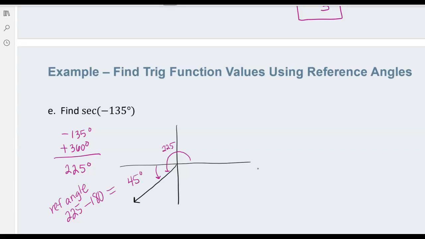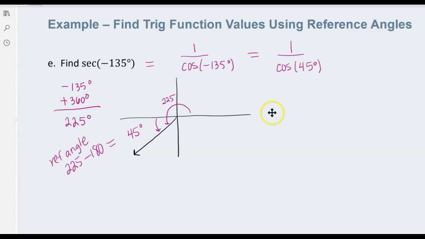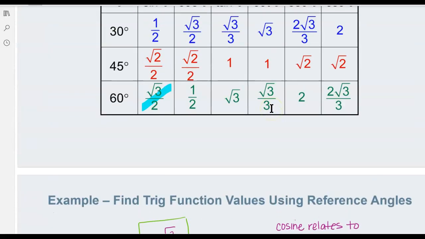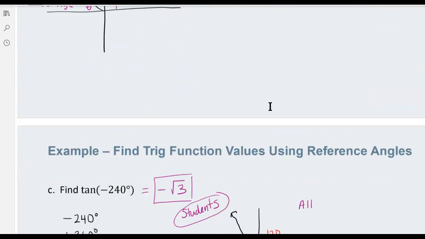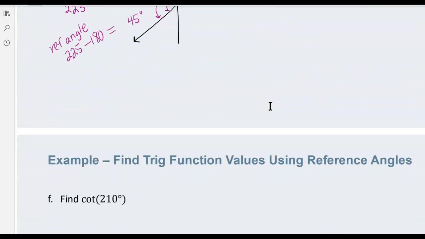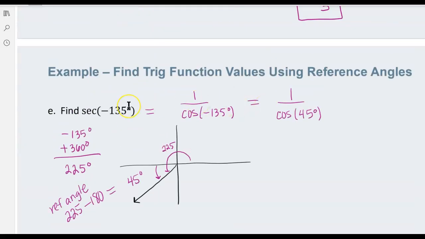Now remember, secant is the reciprocal of cosine, 1 over the cosine of negative 135 degrees. But we're going to change that to the reference angle, cosine of 45 degrees. The cosine of 45 degrees is square root of 2 over 2. So this is going to be 1 over square root 2 over 2.